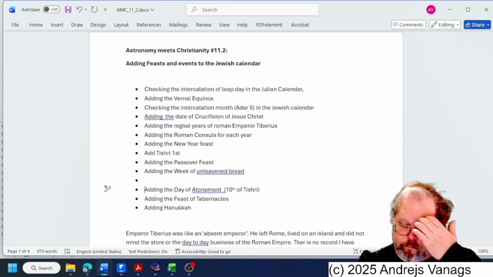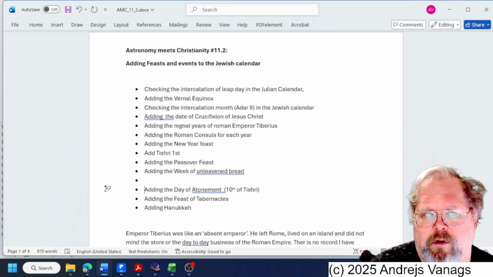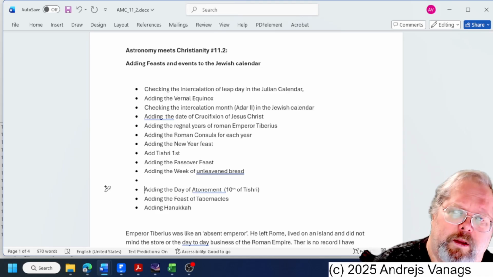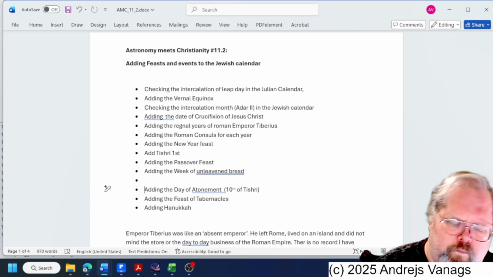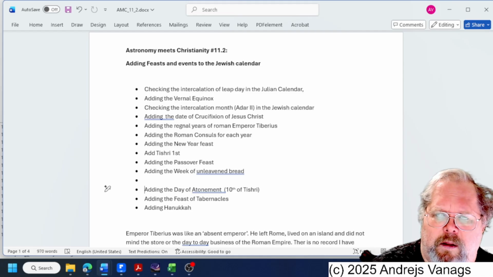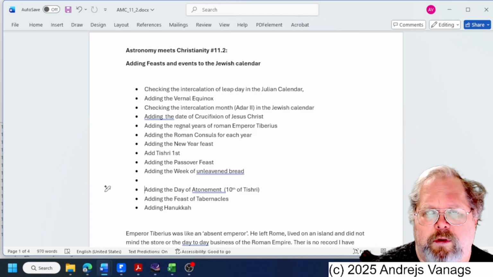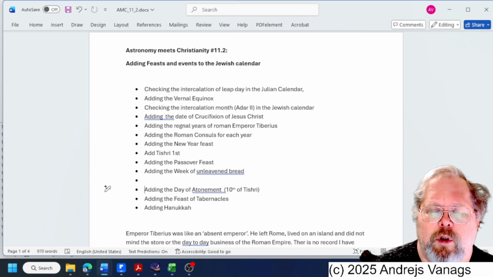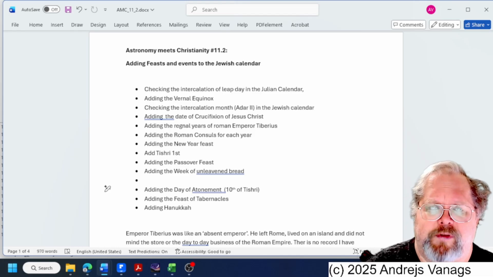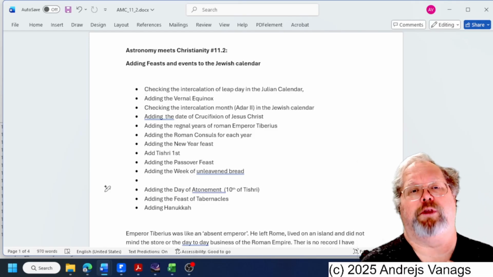And that was on the Day of Atonement. And that's important because that's the clue that led me to identify, and later I found some documents that corroborated this, that when Luke tells us that the priest Zacharias went into the temple at the time of incense, that means that he went into the temple on the Day of Atonement.